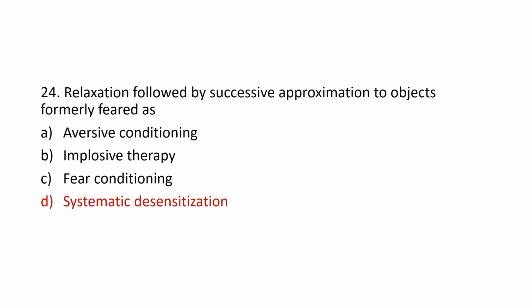Like there is a stage when imaginary fear is tackled along with deep breathing exercise, along with relaxing that client, and the final stage comes when the person encounters or faces that object or that scenario that he was feeling fearful about prior to that technique. So this is the technique that is used to minimize the fear or that dreadful situation that the person was experiencing before. So the right option is D.